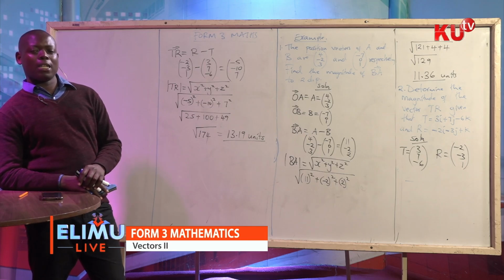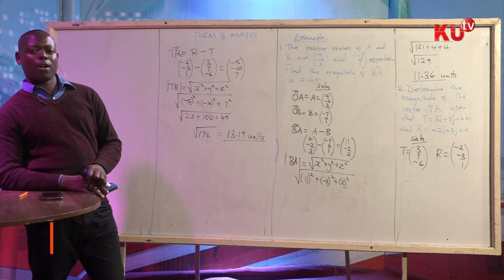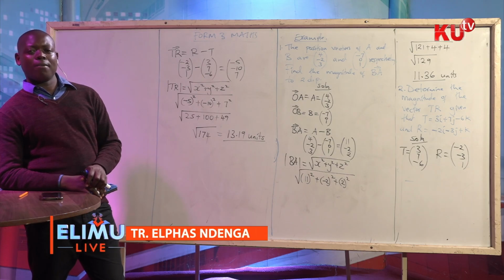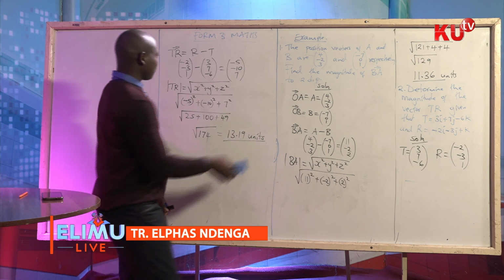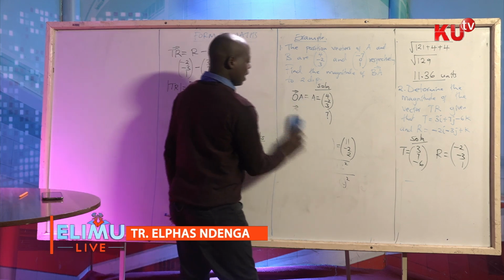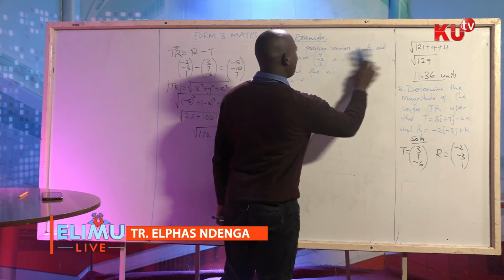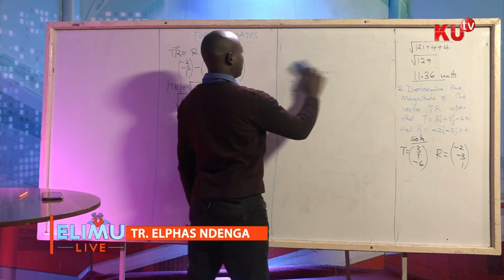Because what is important is, are you able to show the working? Showing the working means that you know each and every stage that is required whenever you're dealing with a question in mathematics. And that is a concept we call the magnitude of a vector.